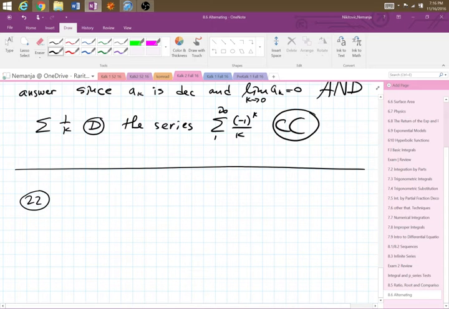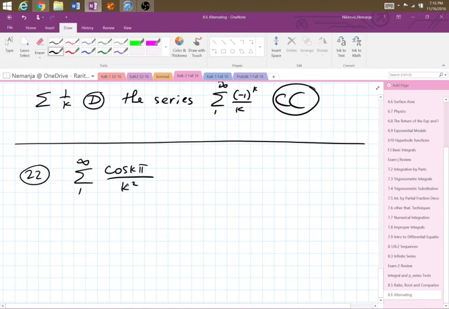So 22, it says summation cosine k pi over k squared. We start at 1, go to infinity. So isolate ak, which is 1 over k squared. And then is it decreasing? Yes, right?